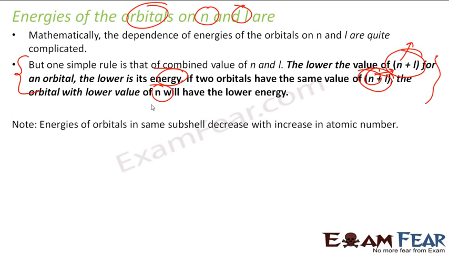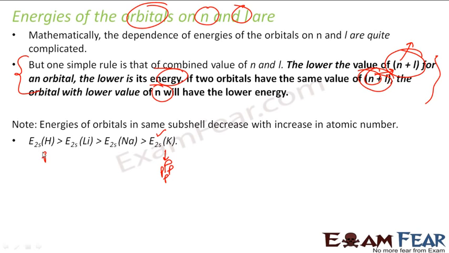And please note the energy of orbitals in the same subshells decreases with increase in atomic number. For example, if you see potassium, it has more protons. So it will hold the electron all the more, and since it holds the electron more, the energy will be less. Hydrogen has fewer protons.